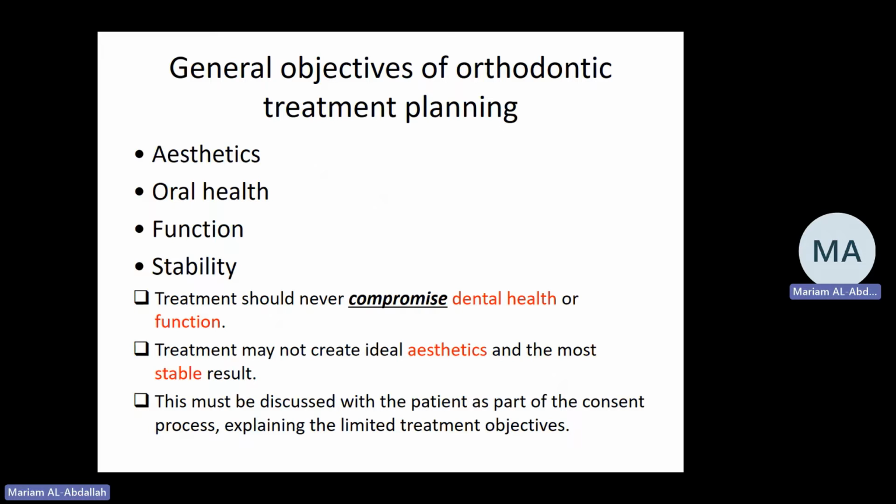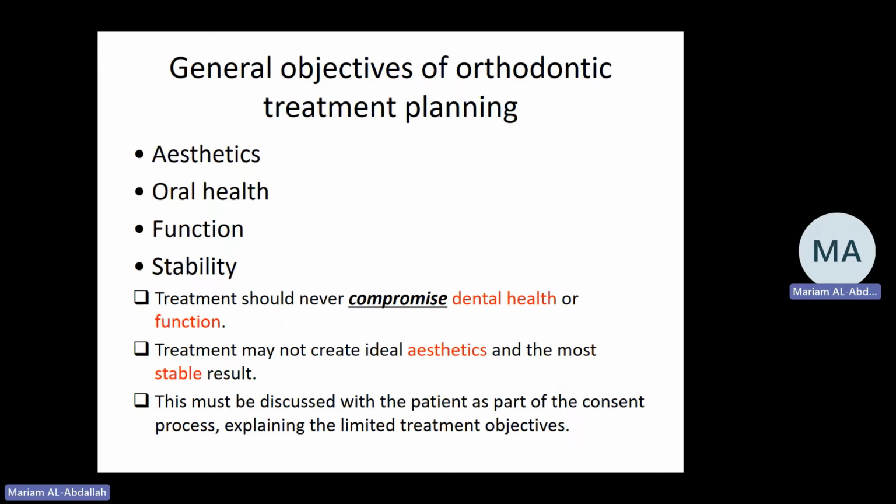When we use the word compromise, that means there are certain features of the malocclusion that could be corrected and other features that will be accepted. Compromise doesn't mean that I'm going to cause harm to the patient. The benefit should always outweigh the harms and the risks, otherwise it's not justified to start treatment. Do not treat the patient.